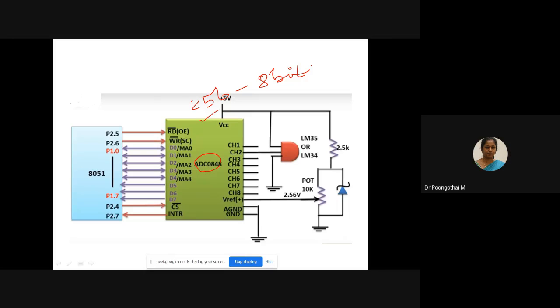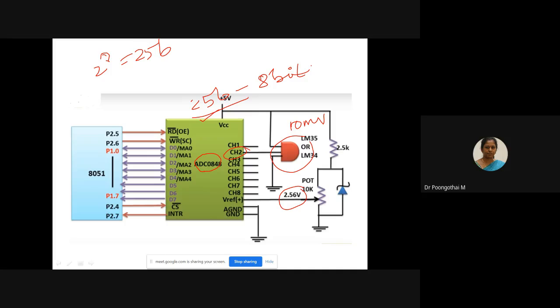An LM35 and LM34 sensor is interfaced with channel 2 of your ADC, which produces 10 millivolt for every degree of temperature change. Here we can condition the V-in of the ADC to produce a V-out of 2.56 volts for full scale output. The maximum step size is 2 power 8, that is equal to 256.